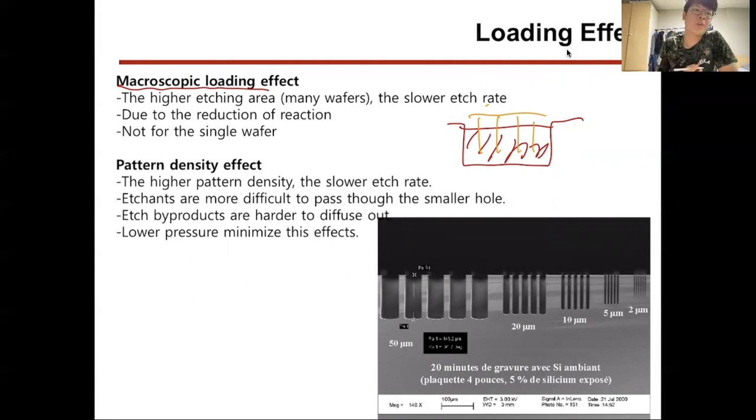And then there is the pattern density effect. If we etch a wide hole, there are three steps in the etching.